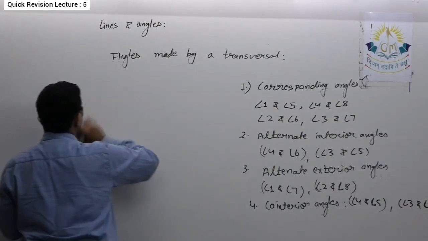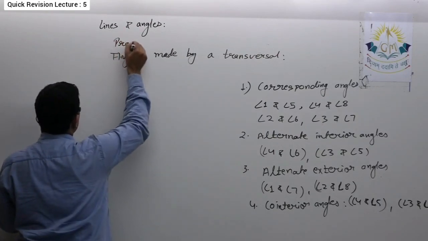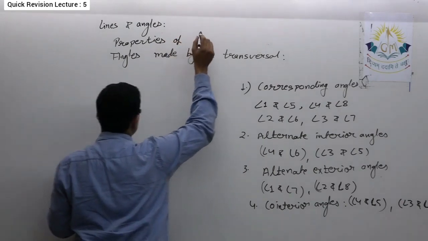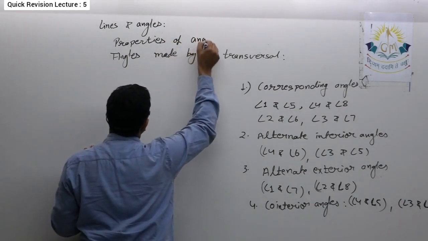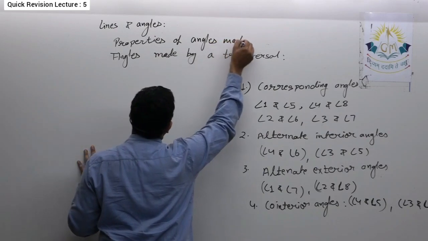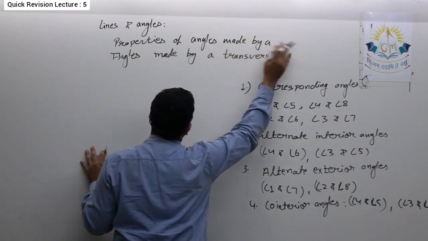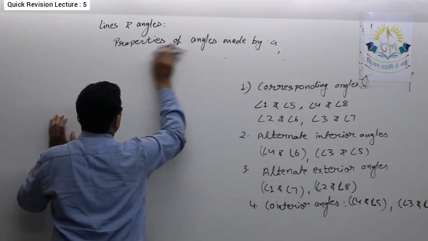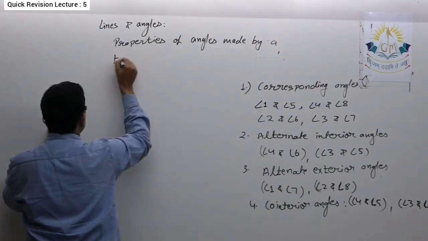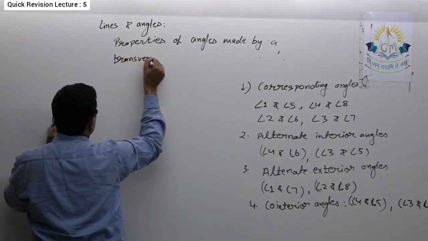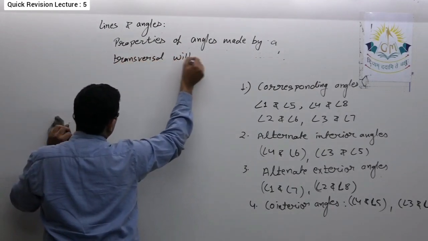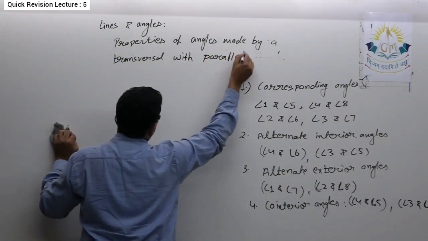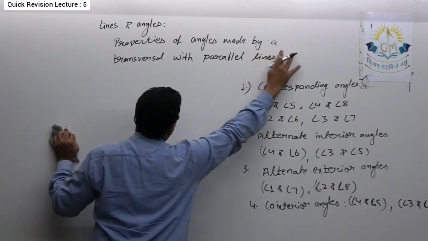Next is properties of angles made by a transversal with parallel lines.